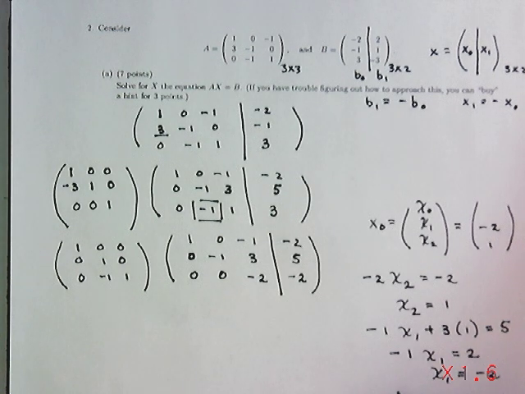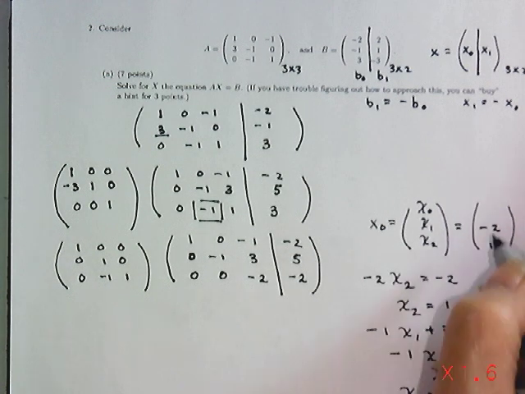And then also we know that 1 times chi0 plus 0 times chi1 minus 1 times chi2 must be equal to negative 2, which means that chi0 minus 1 is negative 2, which means chi0 must be equal to negative 1.